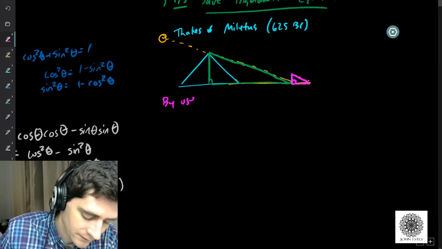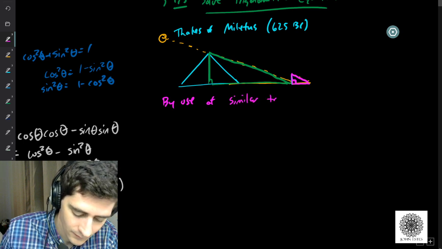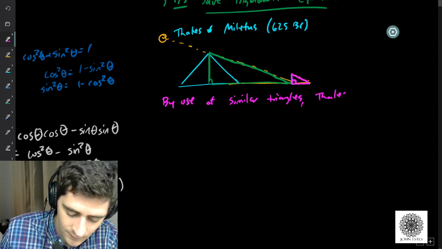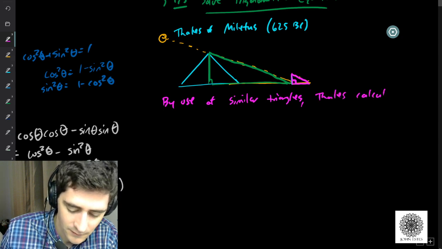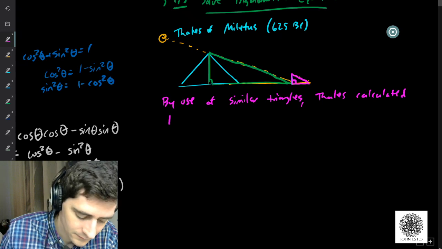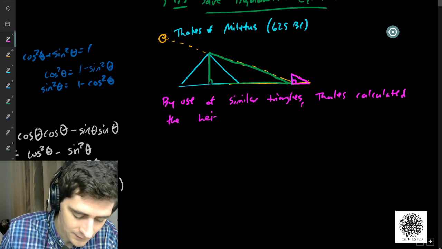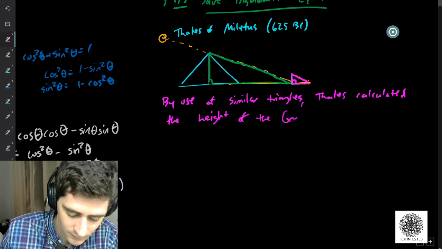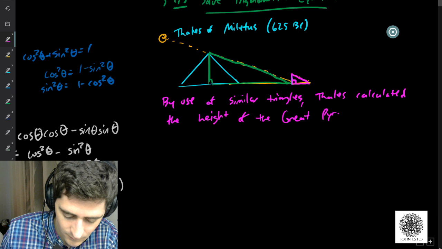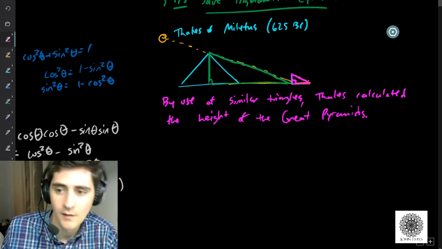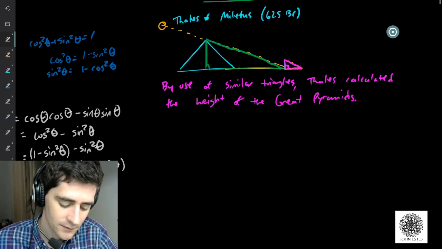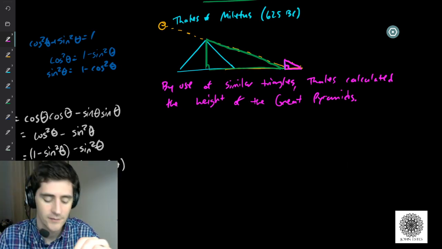By use of similar triangles, Thales calculated the height of the Great Pyramids, which is pretty cool.